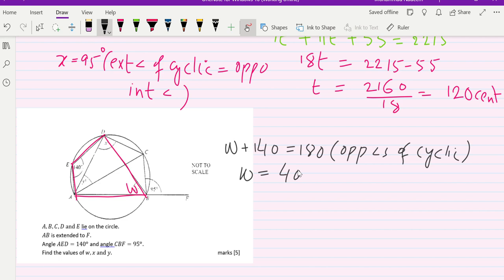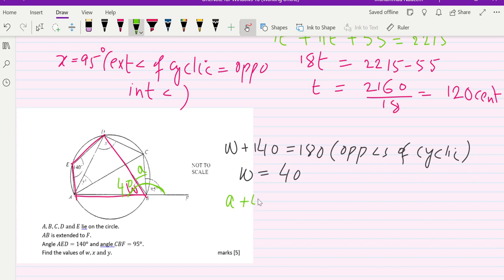Now you have W, you have 95. We just work out this middle portion. Let's work out this one. Suppose this is A. The whole angle on a straight line is always 180, and there are three parts for this angle. One of them is 40, the other is 95, and the third part is missing. Let's work out the missing part.